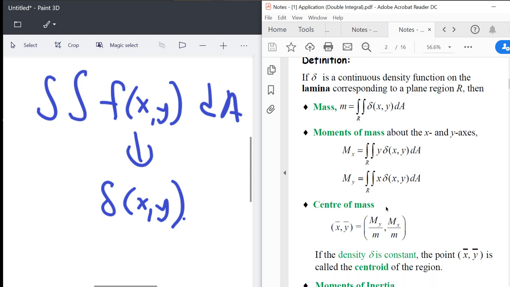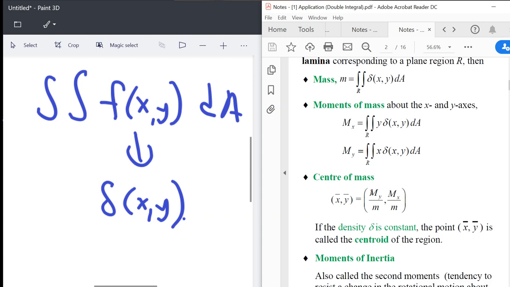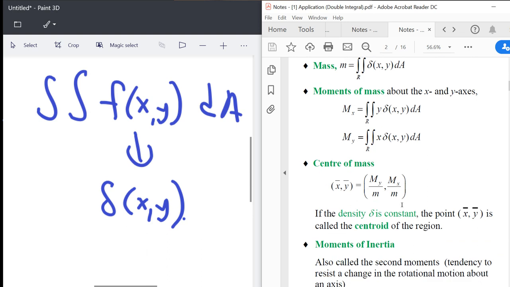The next one is center of mass. Basically center of mass is the moment of mass divided by mass. If the density is constant, the center of mass is called the centroid of the region. So if the question asks you to find the centroid of the region, you have to remember that the density is constant.